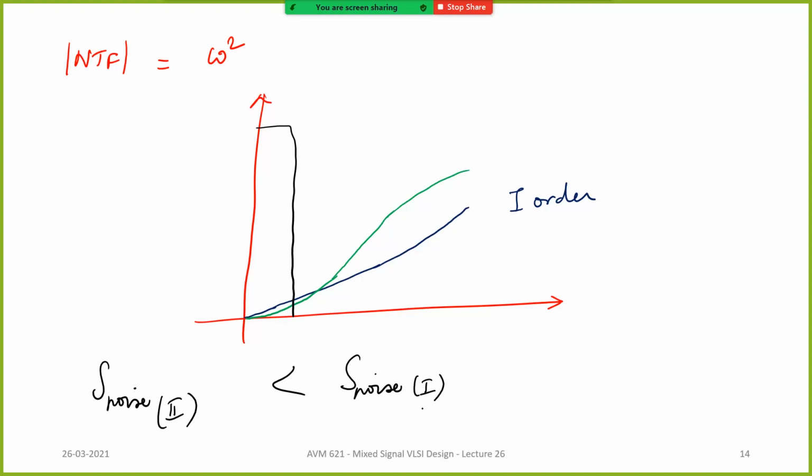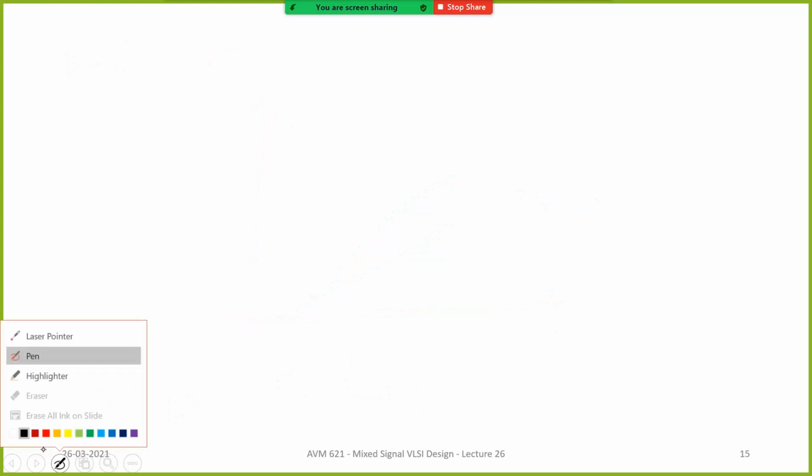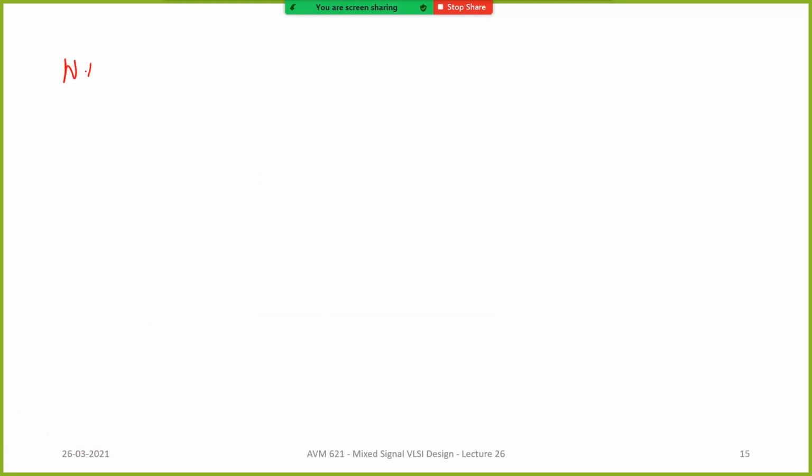So in other words, if you extrapolate it, you can say that the NTF can be written as 1 minus Z inverse to the power of L, where L is the order of the loop of the delta sigma modulator, okay? So with this, I think I'll conclude today's class, and we will analyze its noise performance and other things from next class onwards, okay?